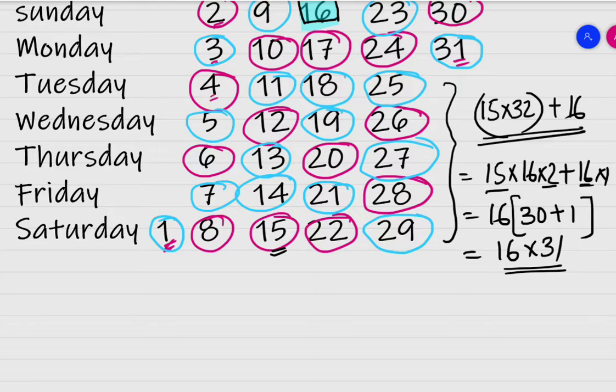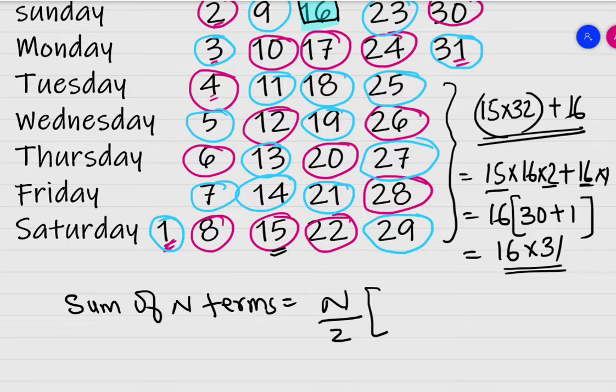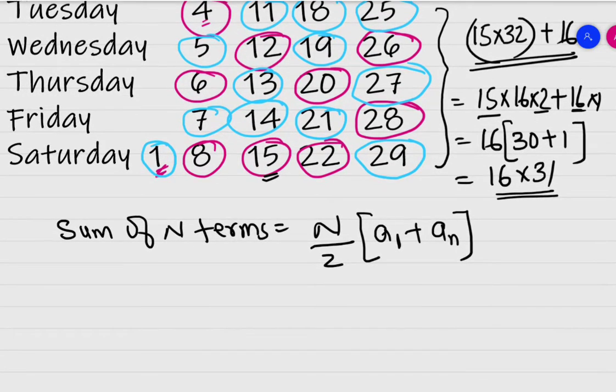Now see, your formula is for the sum of n terms. Sum of n terms is nothing but n by 2, meaning the number of terms divided by 2, into a, that is the first term, plus the nth term, an, or the last term. Or this can also be written as n by 2 into 2a plus n minus 1 into d.